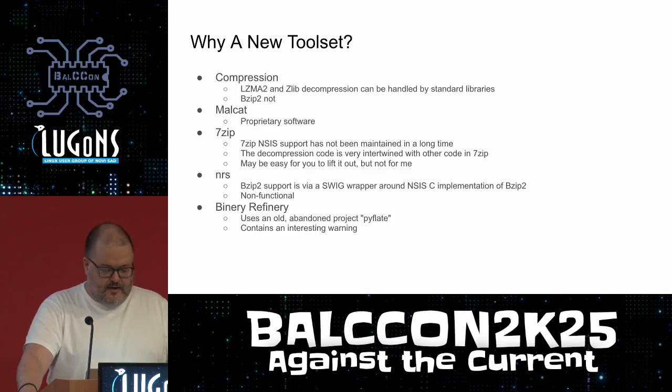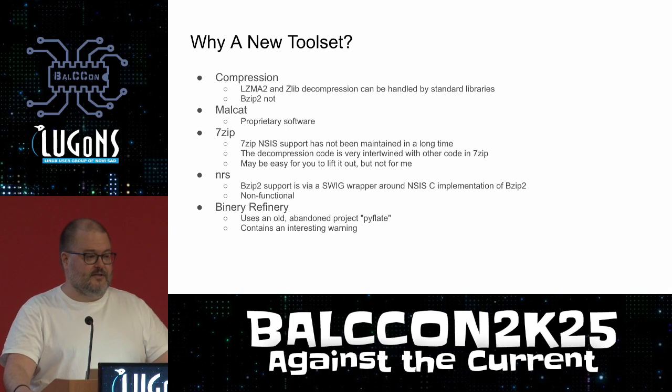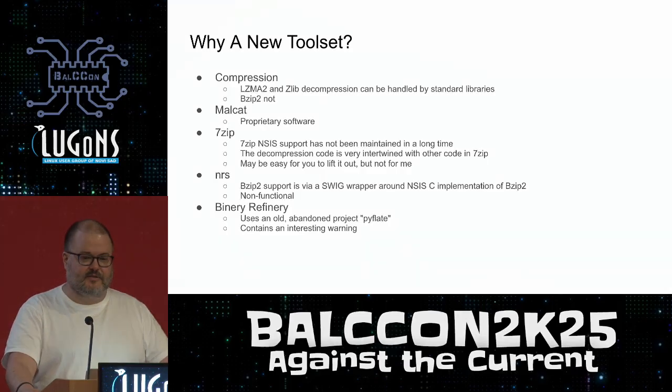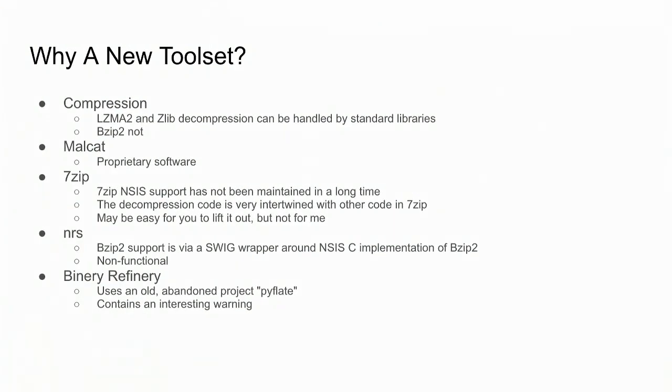So NRS, this one is also pretty good, but they clearly ran into the exact same problem I did and the exact same problem everyone else did, where bzip2 is somehow different and it doesn't work properly. So their solution was to take the precise C code from NSIS itself and then wrap a SWIG wrapper around it so that it could be implemented directly in Python.